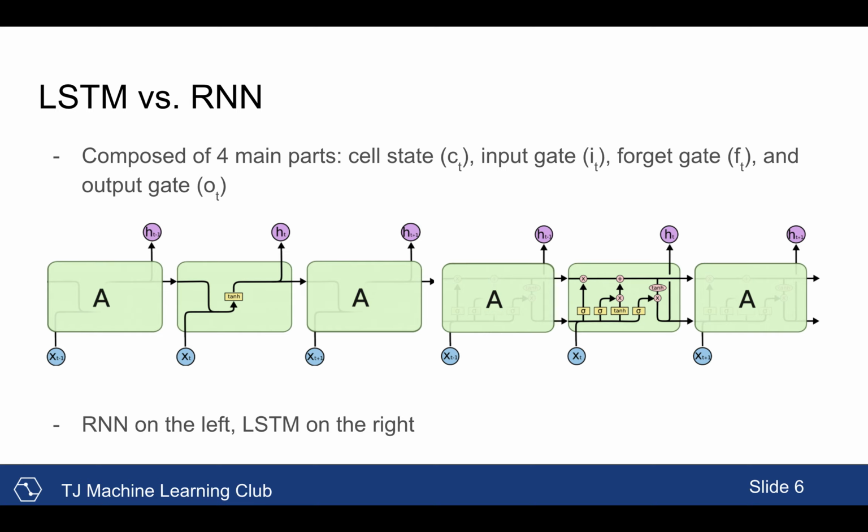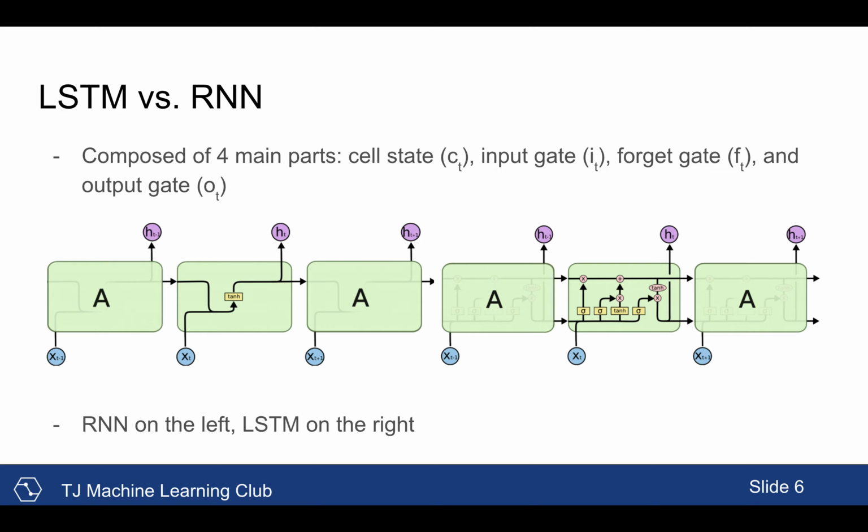Like we just introduced, the LSTM aims to solve the problem of the RNN, allowing it to retain relevant data from long before. The four main parts that compose an LSTM are the cell state, C sub t, the input gate, I sub t, the forget gate, F sub t, and the output gate, O sub t.